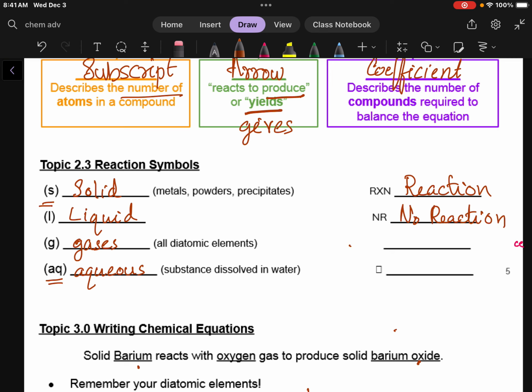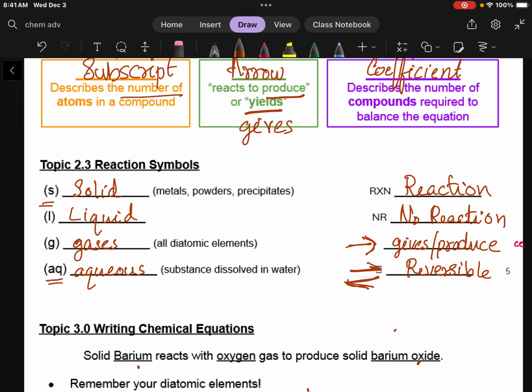And if you see this symbol, we already saw that it's called arrow. It shows gives, produce, or yield. And if we see a symbol like this, it's like a double-headed arrow. That reaction is reversible, when we can change from product to reactant.